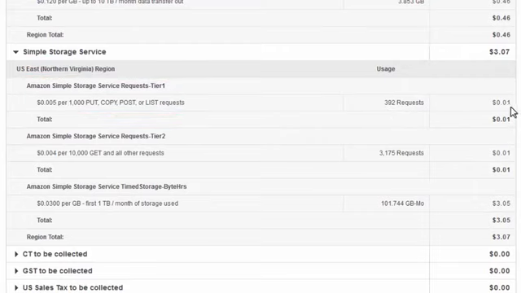Well, you see, they're rounding up. They really gig you, huh? And for the gets at 0.004 per 10,000, again, this is way under 10,000, but they're charging me a full penny. Well, they're rounding up. But at 3 cents per gigabyte for the first terabyte of storage, a little under 102 gigabytes for last month, a whopping $3.05. So that's where the major expense is right there.